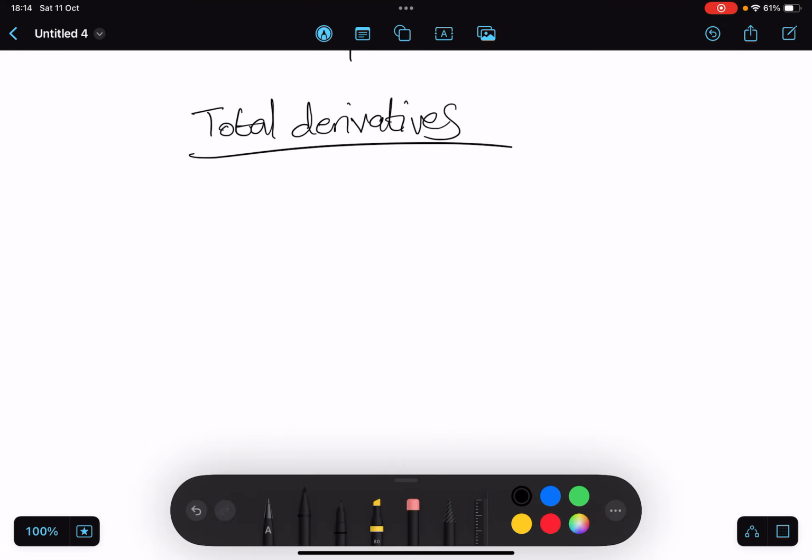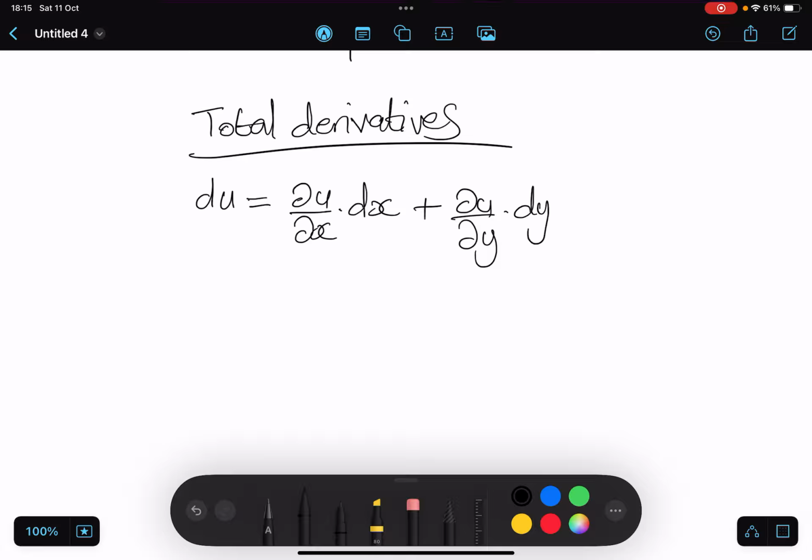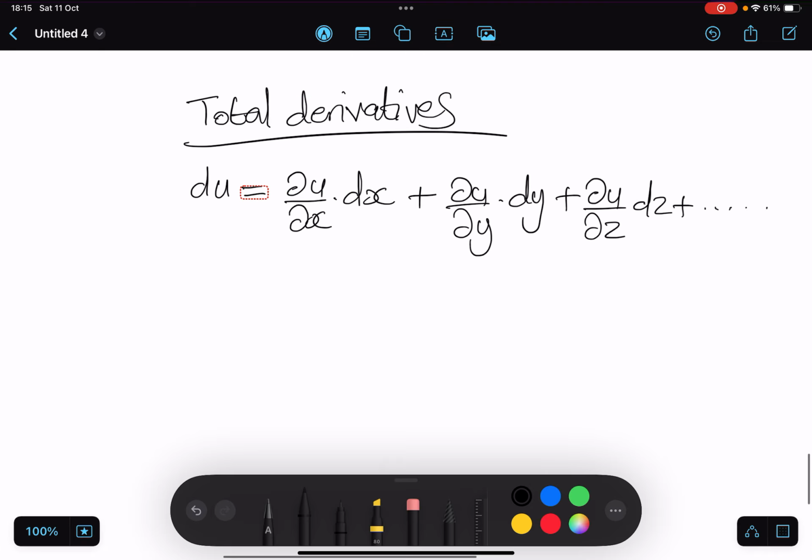So we have du is equal to du/dx times dx plus du/dy times dy plus du/dz times dz. It can continue. So with the total derivative, this is the typical formula that we use.